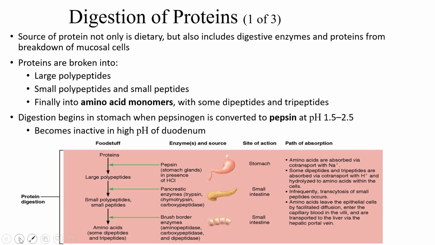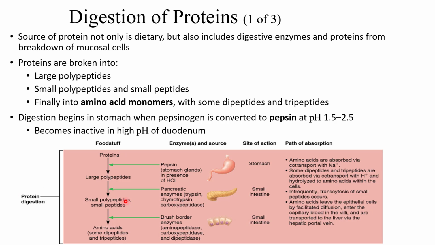They're broken down into large polypeptides, then into smaller polypeptides and small peptides, finally into the amino acid monomers. And pretty much the digestive system will only be absorbing the amino acids. So the absorbable form of protein is the amino acid form.